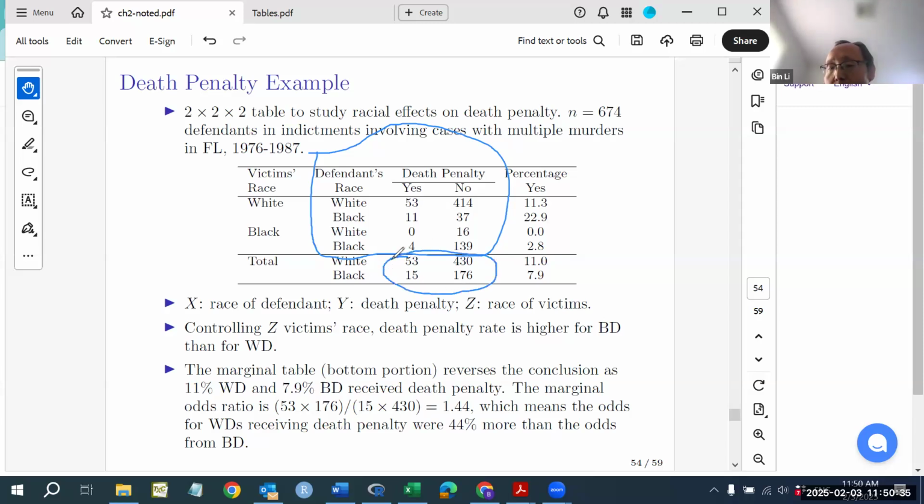This is the marginal table. Look at the marginal table, ignoring the victim's race.